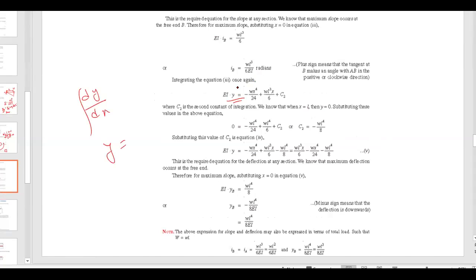Therefore EI y is equal to, integrating of x cube, we will get x to the power of 4 by 4. Therefore we will get this term, and integrating of some constant w L cube by 6, so we will get x, and we will get an integral constant C2.